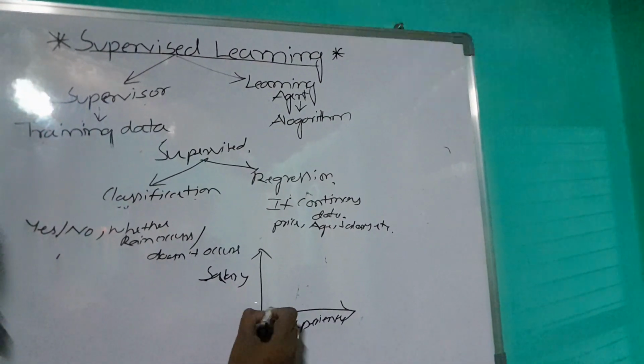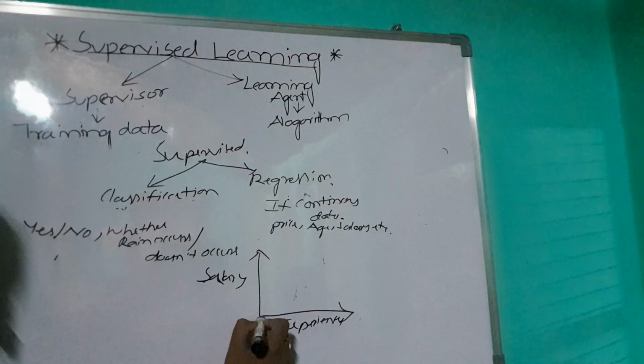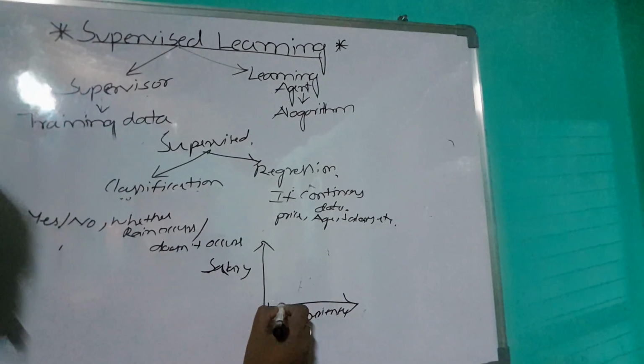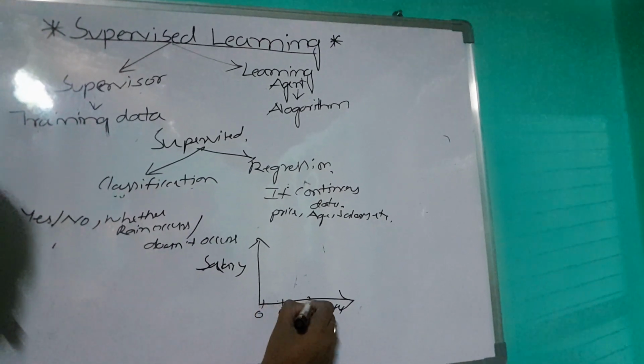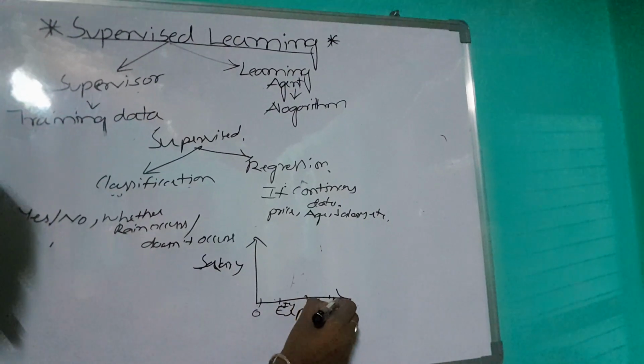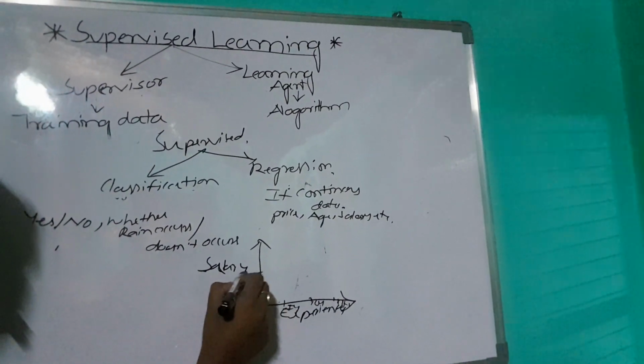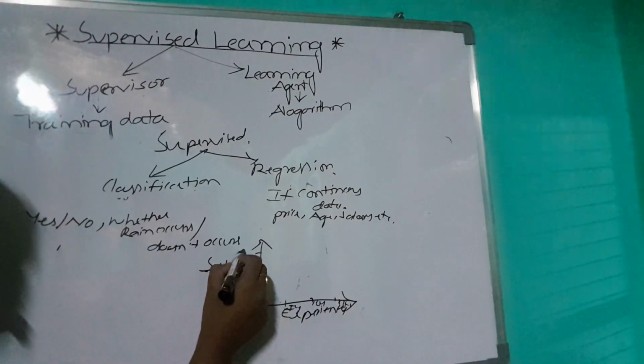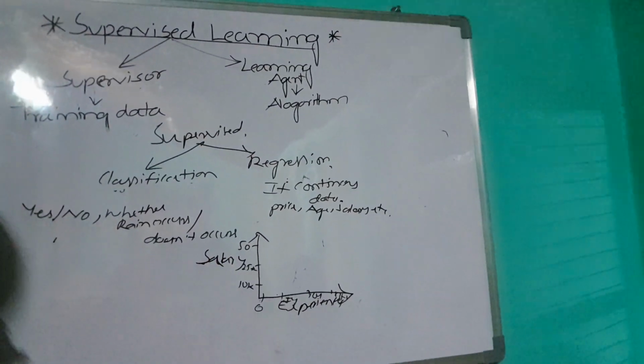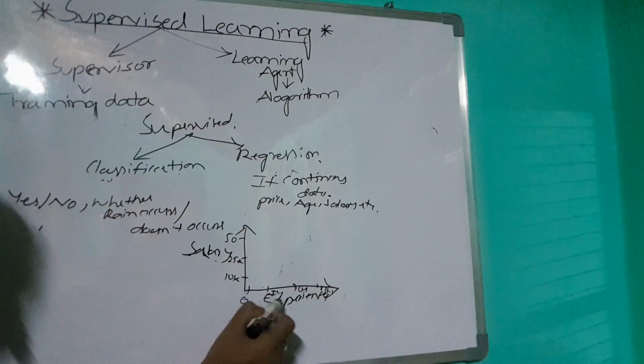For example, take some values: 0, 5 years, 10 years, 15 years, and 10k, 25k, 50k. What is the relationship between these two features?